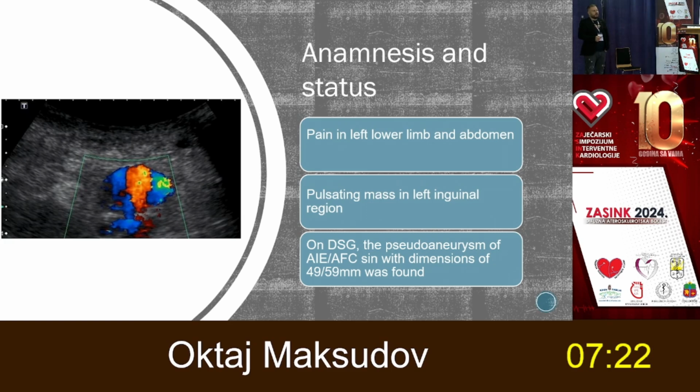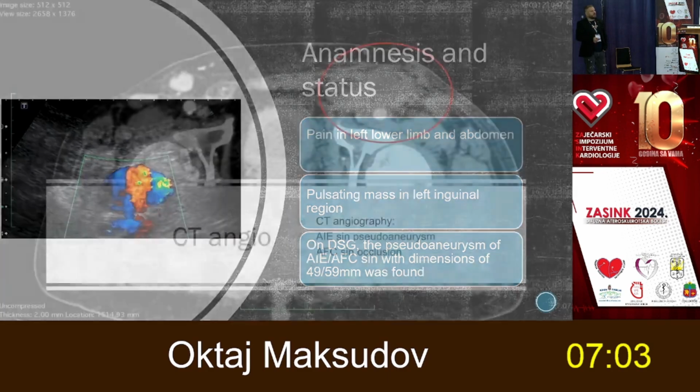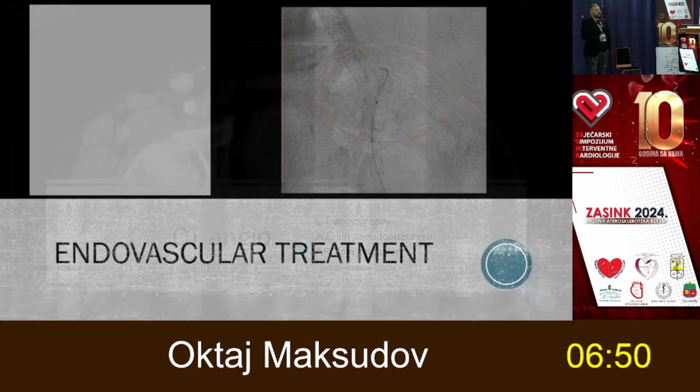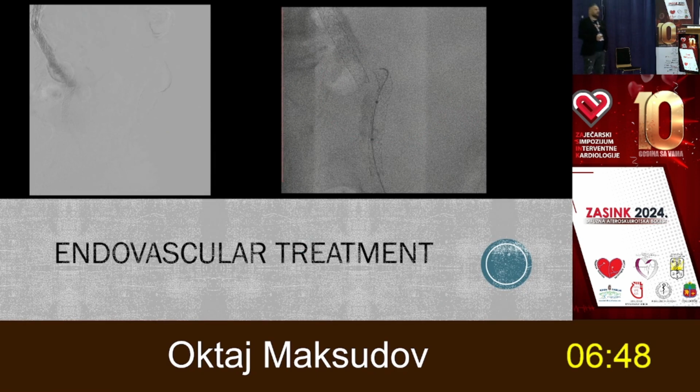From the status, there was a pulsating mass in the left inguinal region, and on Doppler sonography, a pseudoaneurysm was found with a diameter of around 6 centimeters, involving the left external iliac artery and the common and superficial femoral artery. CT angio showed a large pseudoaneurysm involving the external iliac and common superficial artery.